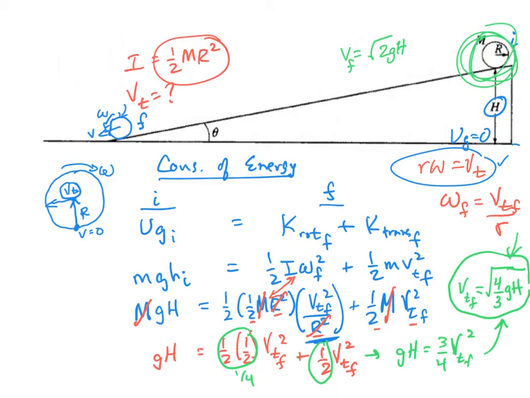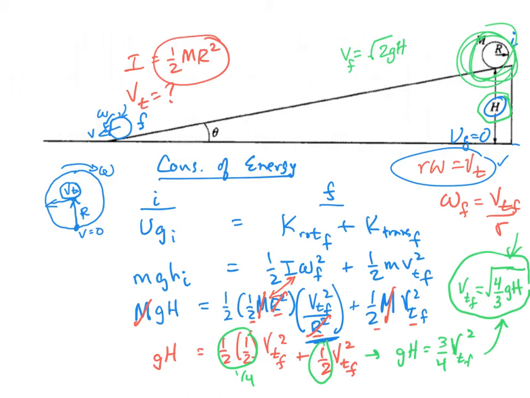Because 2 would be 6/3. So I've lost 0.67 out of 2 in the square root for my tangential velocity, which makes sense because some of the initial gravitational potential energy goes to getting the wheel to rotate. The rest of it goes into the translational kinetic energy. So it makes sense that the 4/3 under the radical is less than 2.